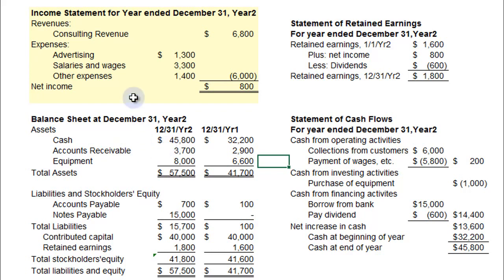So they're very different in how the timing is represented. The next two statements we'll look at, the statement of retained earnings and the statement of cash flows, are similar to an income statement. They're both showing results of some type of operations during a particular accounting period. The balance sheet is the one that's different than the rest. We'll move to the statement of cash flows next.